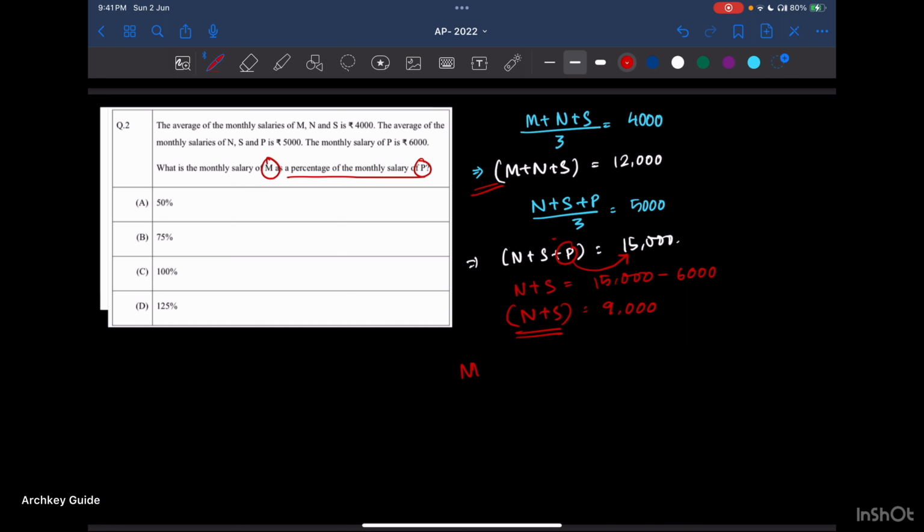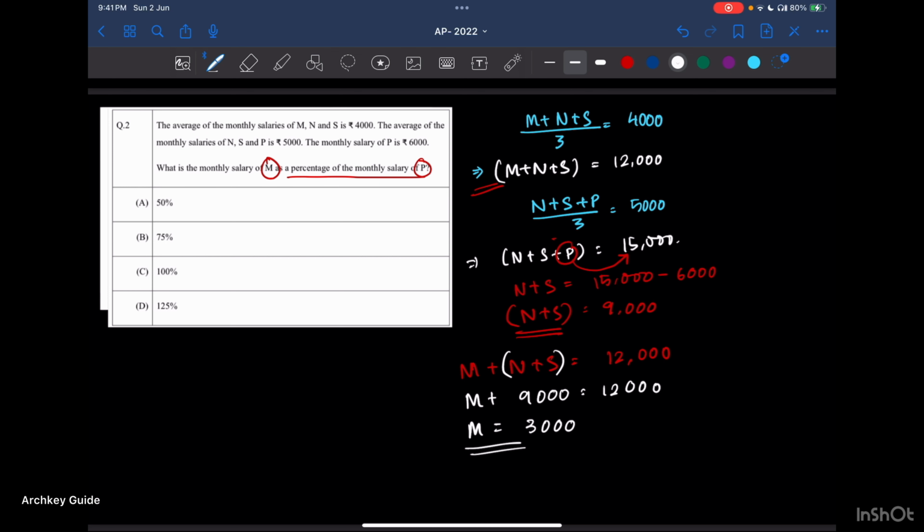So placing this in the first equation here, I'll be able to find out M. Why? Because M plus N plus S equals 12,000. And we have the value for N plus S, which is what? M plus 9,000, 12,000 ये है. So M क्या आएगा? 3,000. So we have M का salary. What is the question exactly?